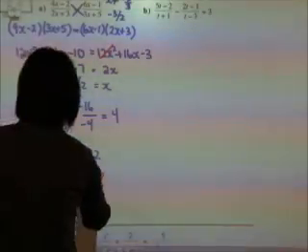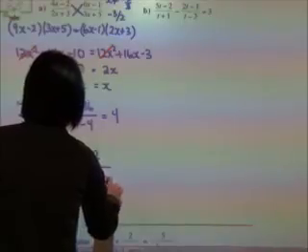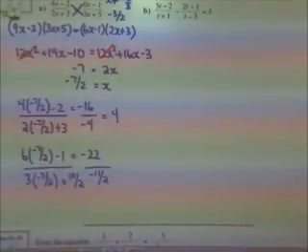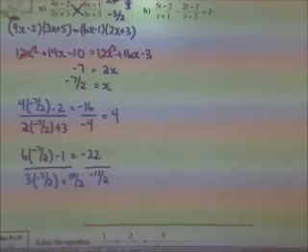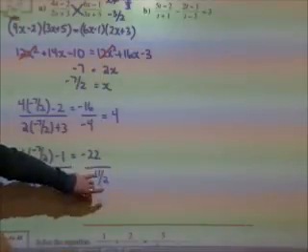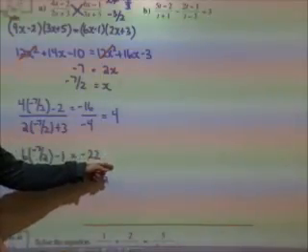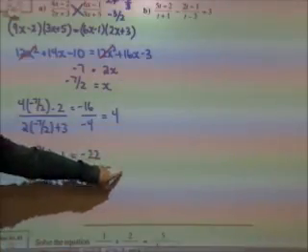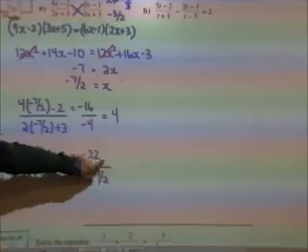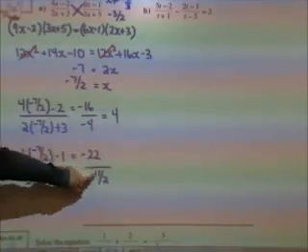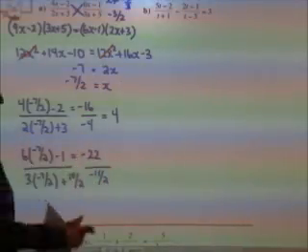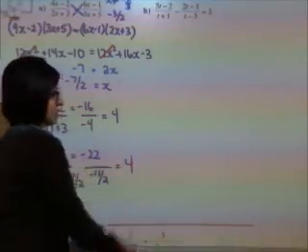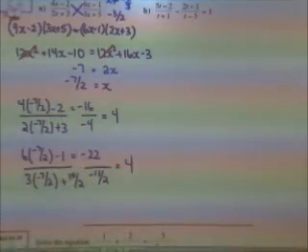Negative 11/2. And then this would be multiplying by the reciprocal. So I'd have 2 over 11 that I'd be multiplying the negative 22 by. The 22 and the 11 would cancel each other out, leaving me with a 2. Times 2 would give me my positive 4. And that's without using a calculator.